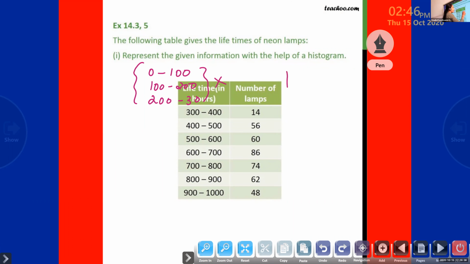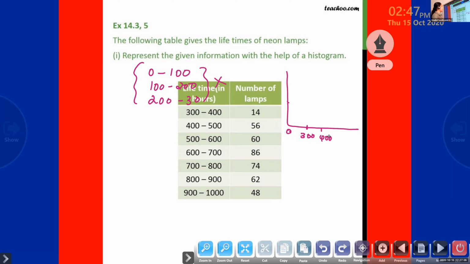So when you draw this histogram, can you connect it to the y-axis? Yes or no? No, you cannot connect, because it starts from 300, and the difference is 100 only.